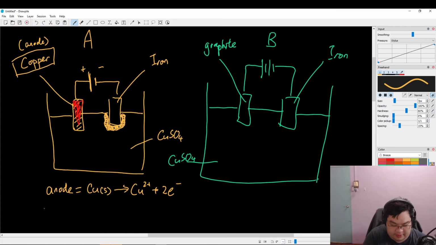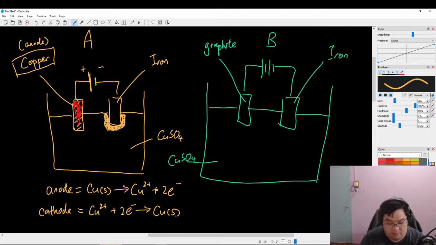So therefore my cathode will look something like Cu2+ plus 2e becomes solid copper. Okay, so that is what you normally understand as electroplating.